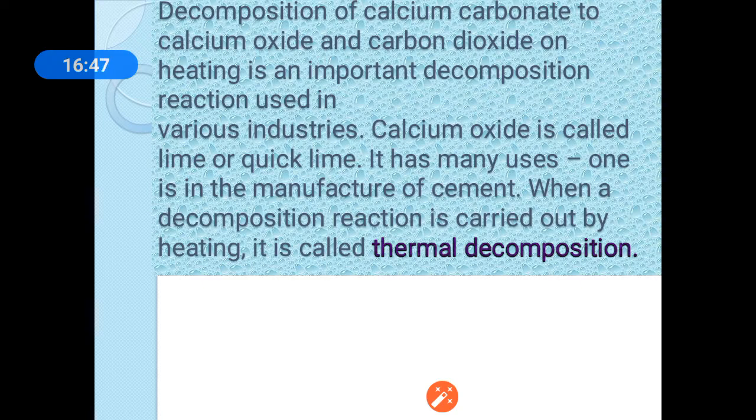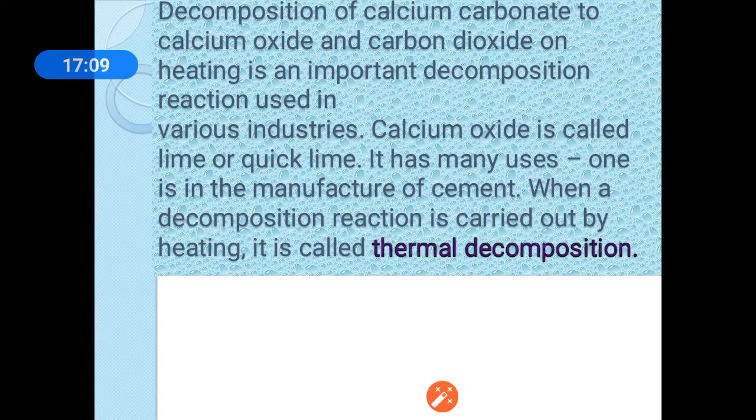As I already stated, we decompose ferrous sulfate in the presence of heat. Similarly, we decompose H2O, that is water, in the presence of electricity.